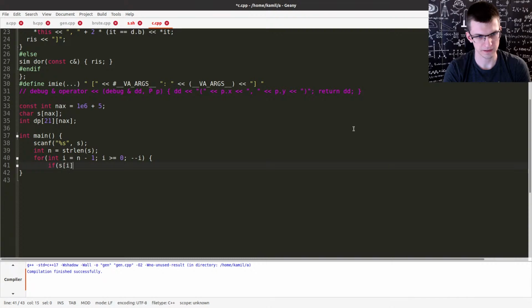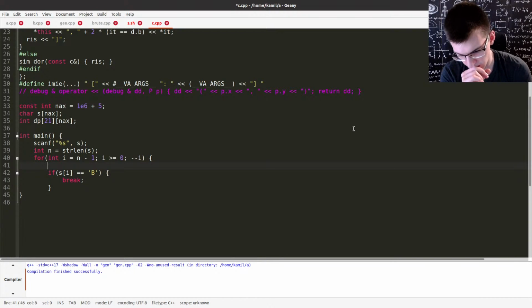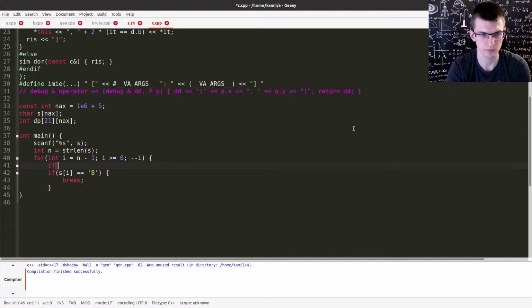If s of i is b, then break. But otherwise, dp of 1, i. I want to say that you are the first b. If you're not hard fixed s, then you can be b. And we say dp of 0, not 1, i is 1.